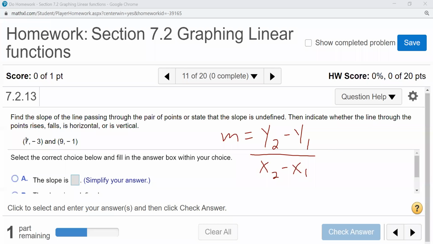So our 2 points are 7, -3 and 9, -1. x1, y1 we'll call them. We'll say this is the first point, so its x-coordinate is x1, its y-coordinate is y1. This is the second point, so its coordinates are x2 and y2.